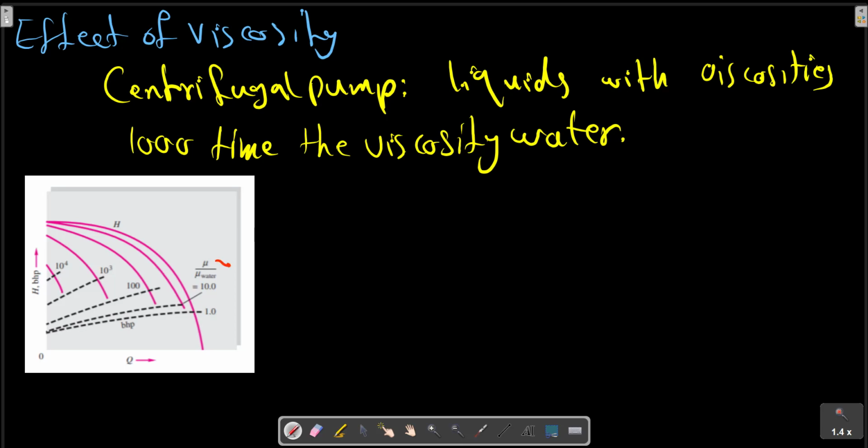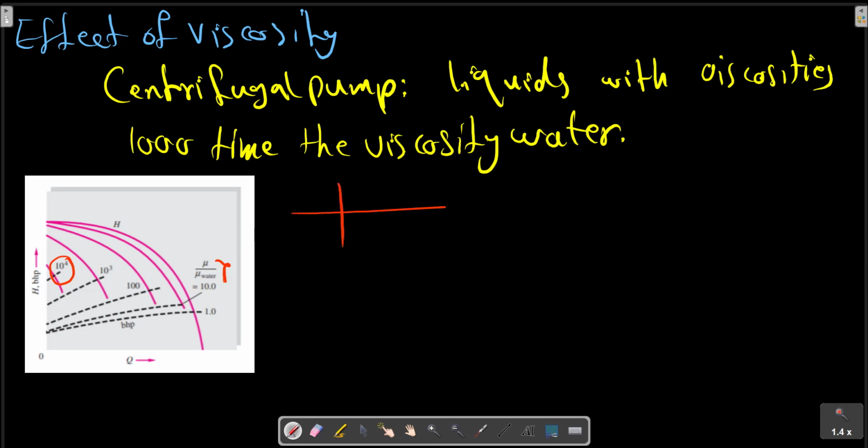The ratio of viscosities at 1 and also at this ratio. This ratio shows the more viscous liquid needs more power and also gives lower discharge and head. The efficiency also drops substantially according to the following typical result.